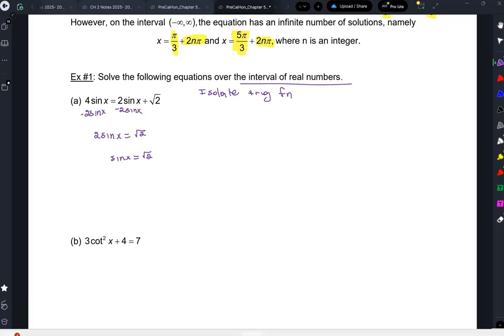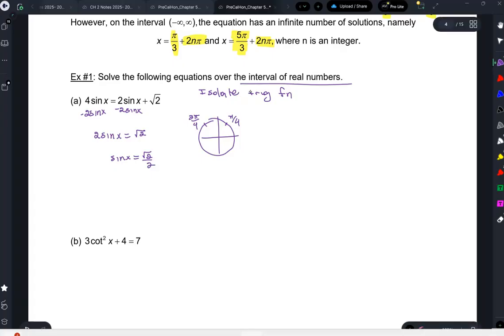And then we have to figure out where this happens. At pi over 4, sine is root 2 over 2, and where else? 3 pi over 4. Remember, first you go one round from 0 to 2 pi.